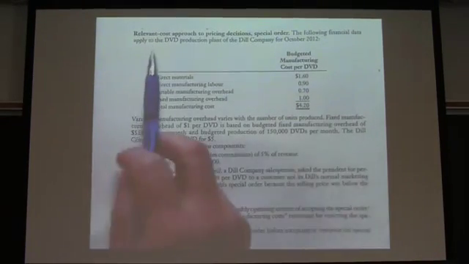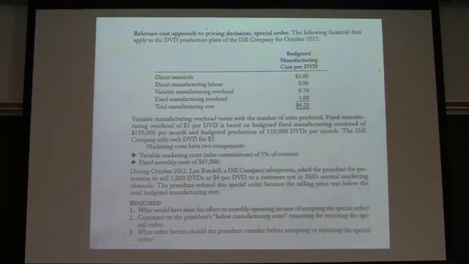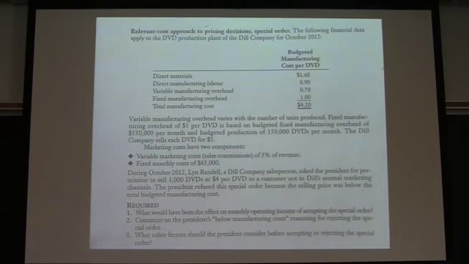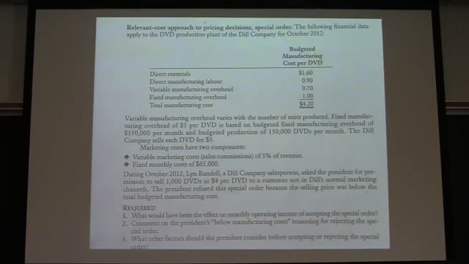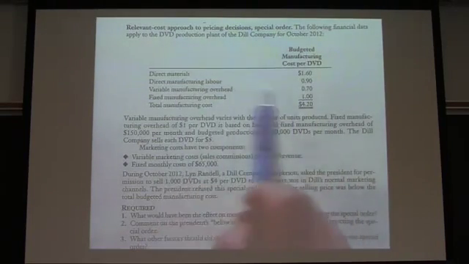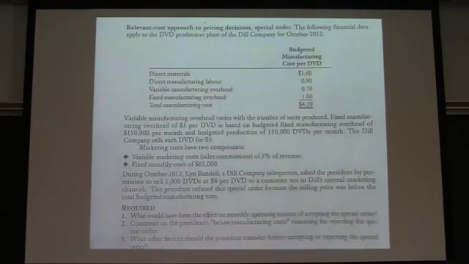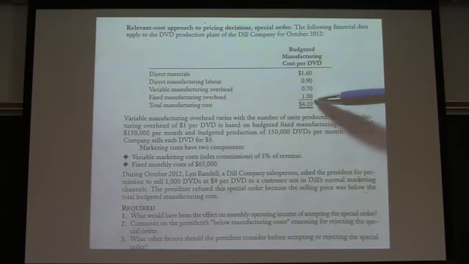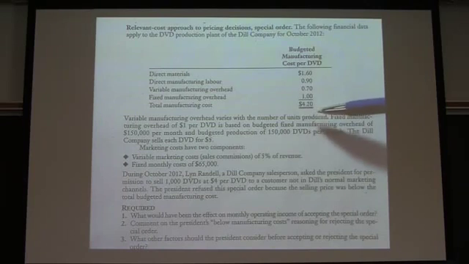The following financial data applies to the DVD production of the Dill Company for October 2012. So this is the budgeted cost to make a DVD. Materials is $1.60, labor is 90 cents, variable manufacturing overhead is 70 cents, fixed overhead is $1, and the total cost is $4.20.